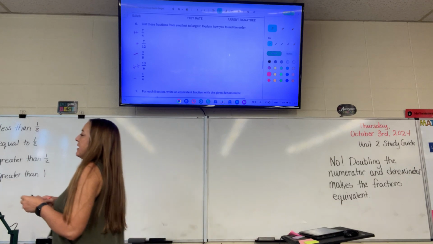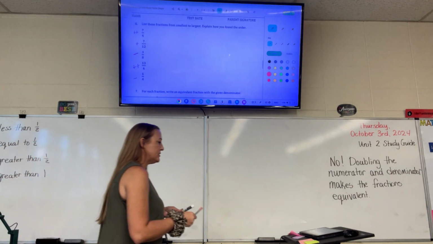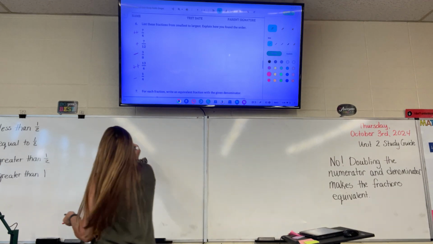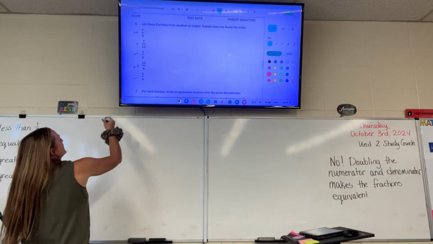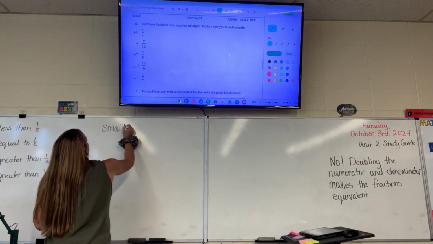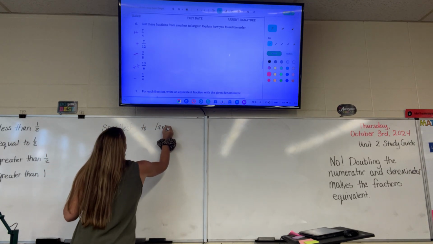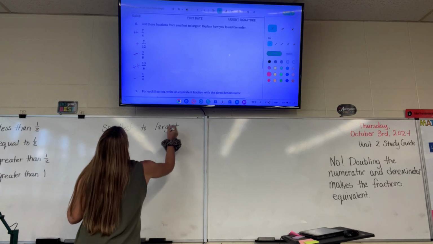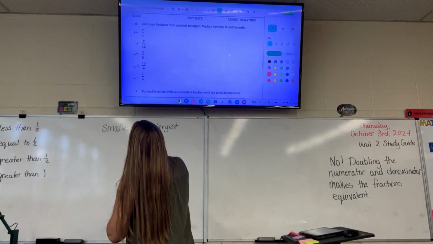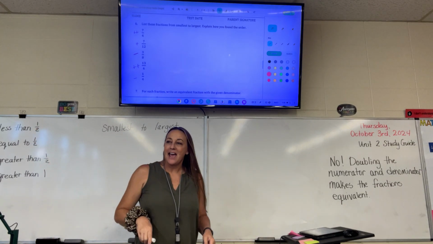So, we're supposed to put them in order. What do the directions say? From smallest to largest. Smallest to largest, okay? And the fractions that have the minus sign are both less than half.